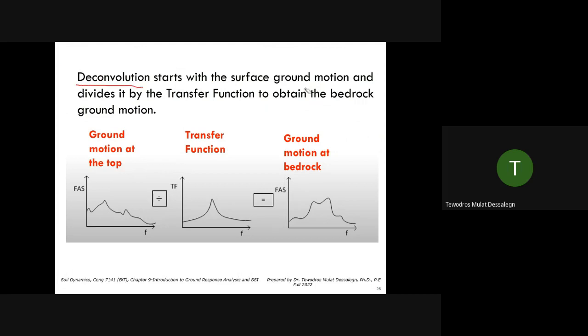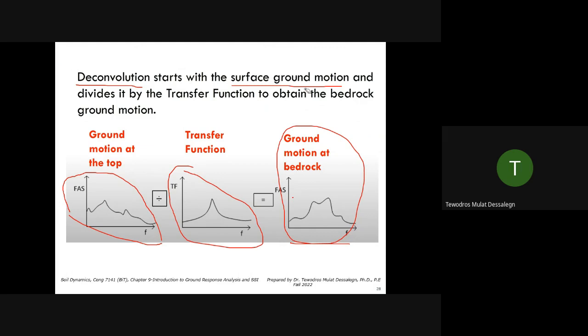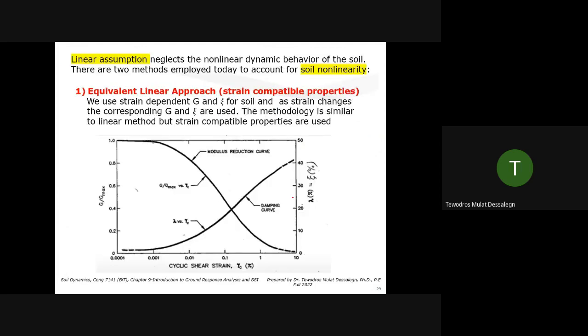Deconvolution, when you go down, starts with the surface ground motion and divides it by the transfer function to obtain the bedrock ground motion. If you have the time history converted into phase at the ground surface, you divide it by the same transfer function, and you get the ground motion at the bedrock level. Pretty easy to understand.